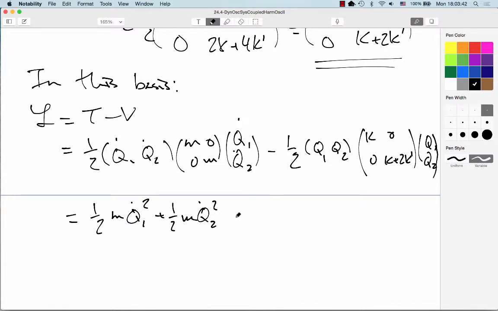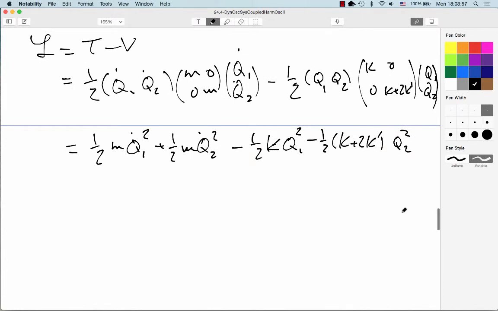Then it's the same drill: minus 1/2 K Q1 squared minus 1/2 K plus 2K prime Q2 squared. This will be so much nicer now that we don't have that coupling term between Q1 and Q2 like we did between the x1 and x2.